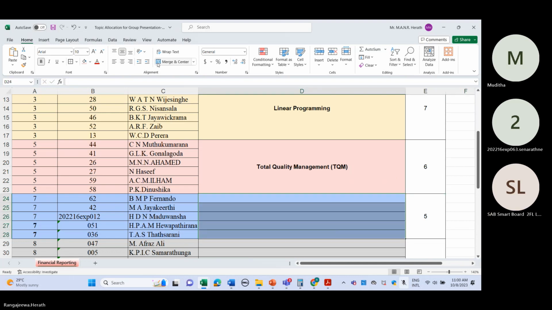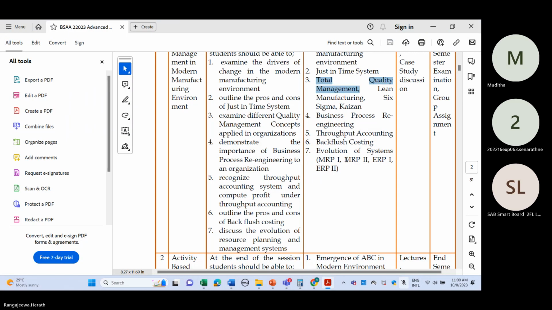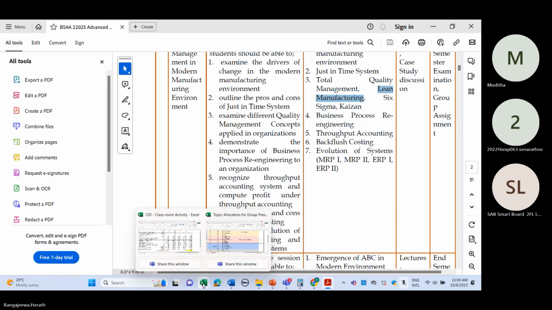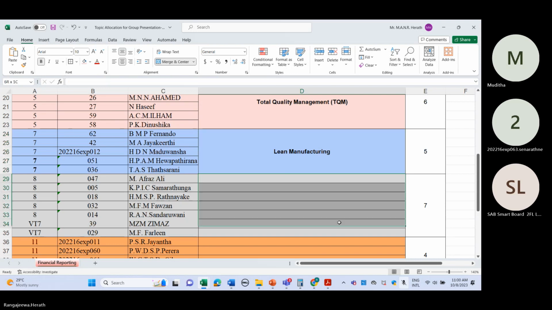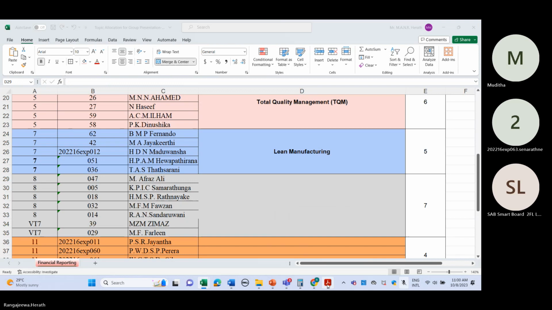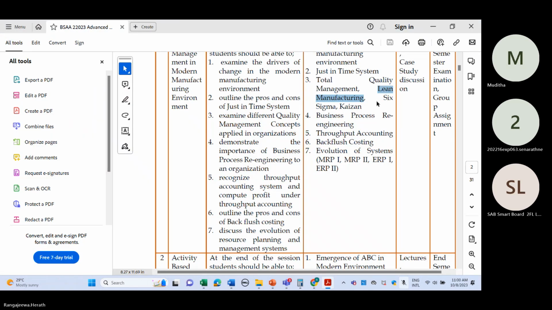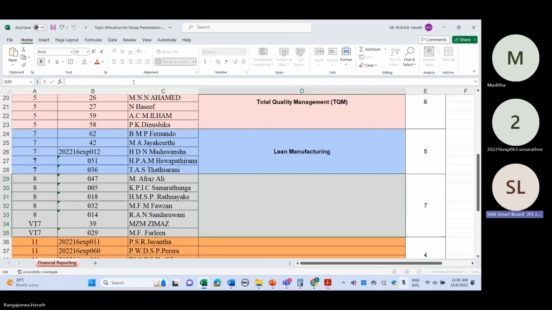Number 5, another 5-member group: lean manufacturing. Then Six Sigma, the 7-member group.